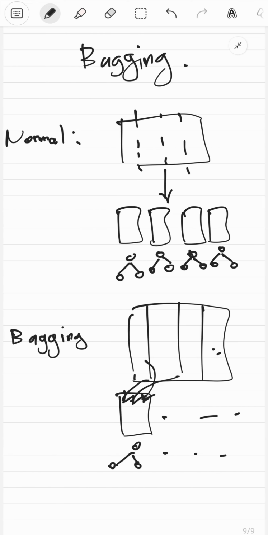Okay, now there's some extra stuff about this bagging thing. If your new datasets are all of the same size as the older datasets, then as your older dataset grows in size, approximately 1 minus e to the power of minus 1, times n, is the number of unique samples that you have in each of these datasets, which is not that big. So it's not that bad.